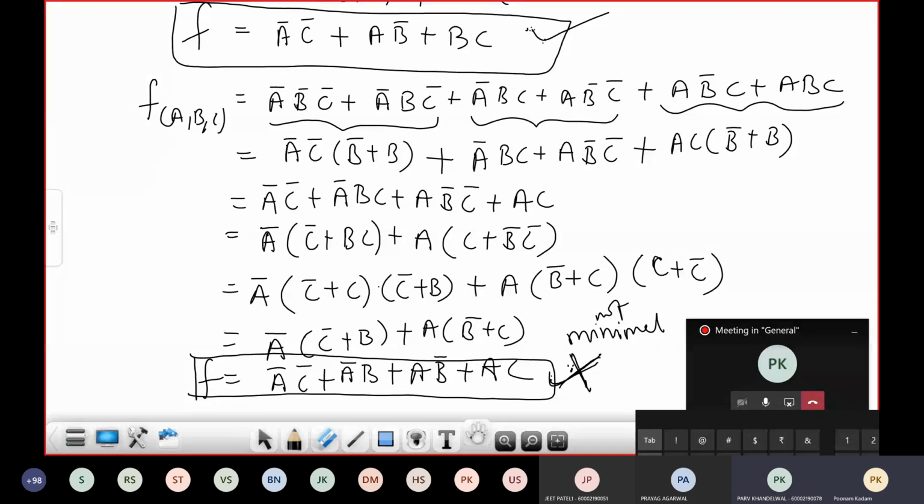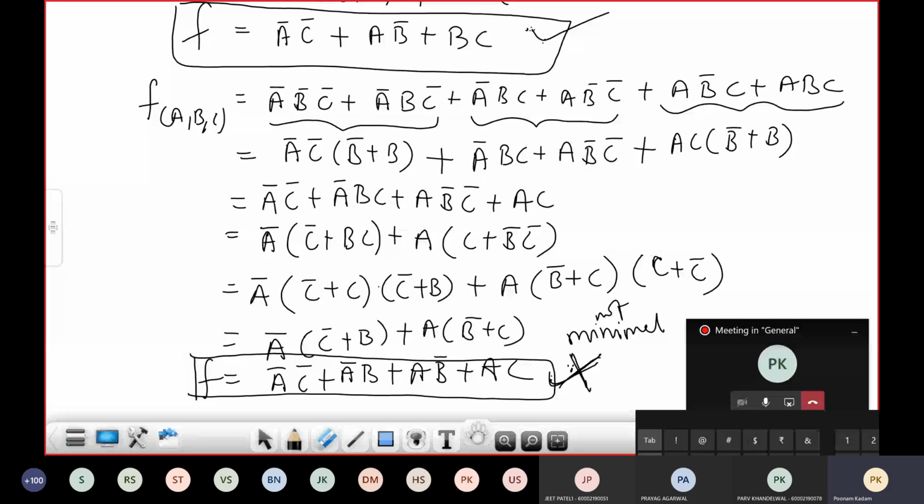Yes, ma'am. So there is one more angle to it. You can combine the first and third term first, then the second and fourth term, and the left out term. So there can be lots of choices, isn't it? There can be other combinations also, which may give you a reduced form that you won't be able to reduce further.